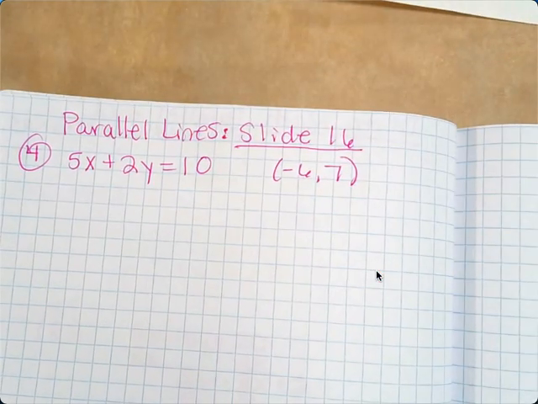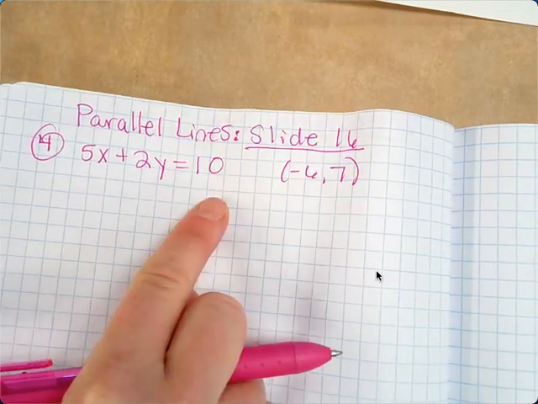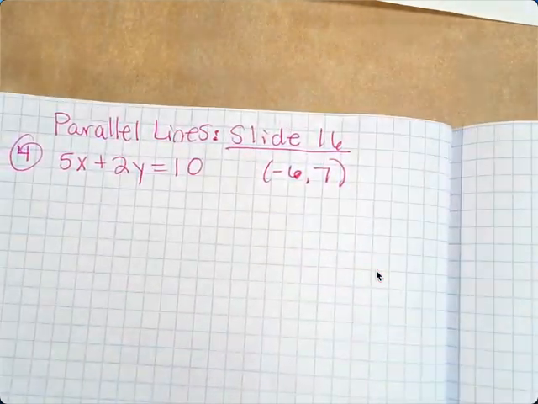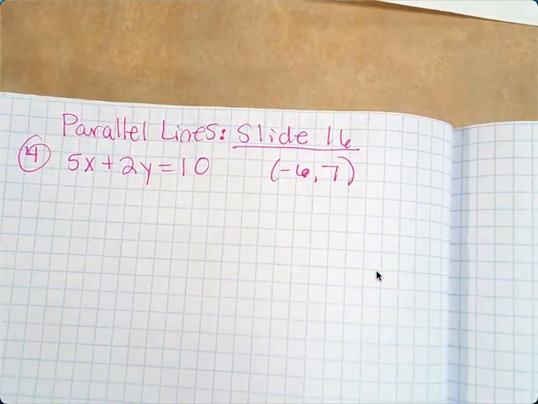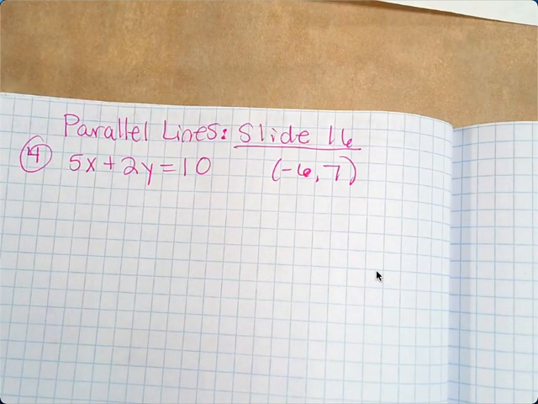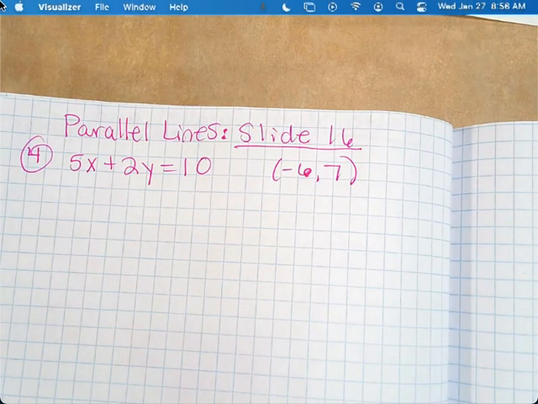So we want to write the equation of the line that's parallel to 5x plus 2y equals 10 and goes to the point -6, 7. Okay, so do y'all remember this?